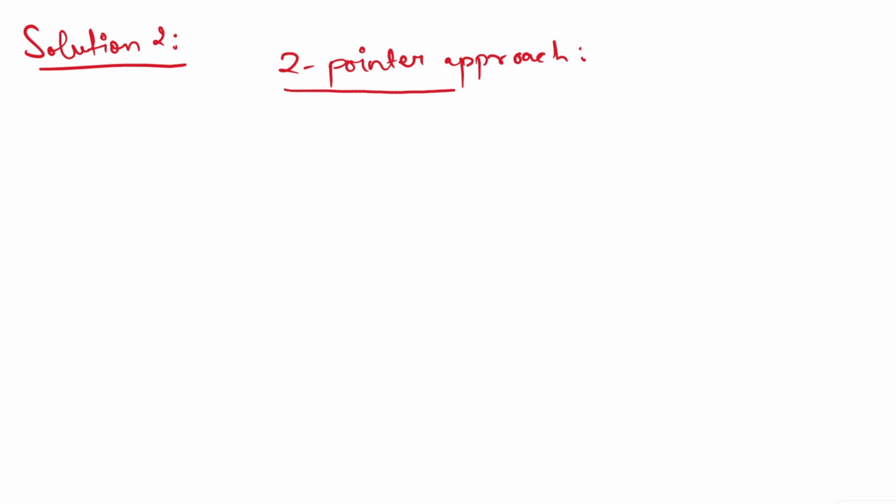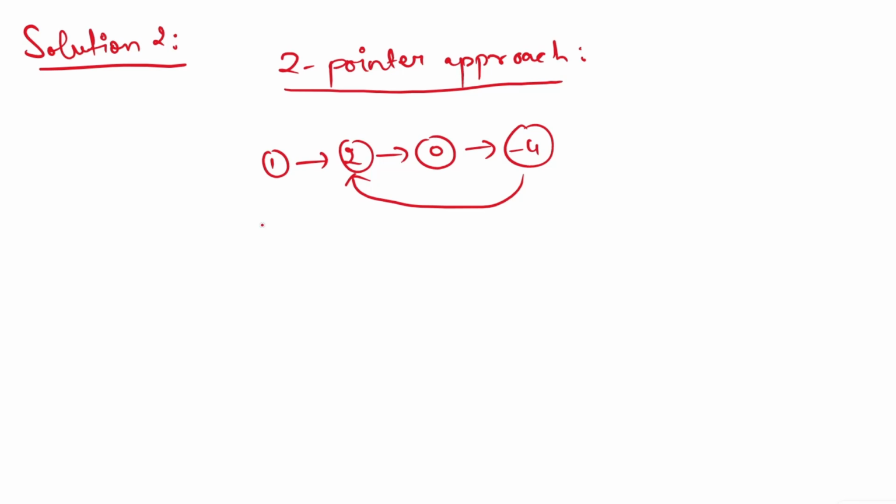What we are gonna do in this approach is have two pointers, one slow and the second fast. We will start both of them from 1, and then we will move our slow pointer by 1 step and our fast pointer by 2 steps. So both of them are moving at different speeds.